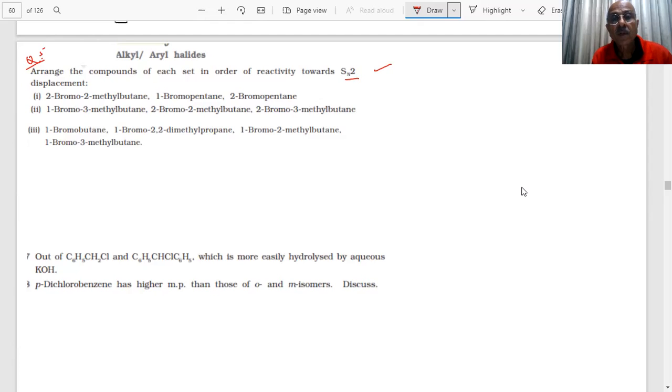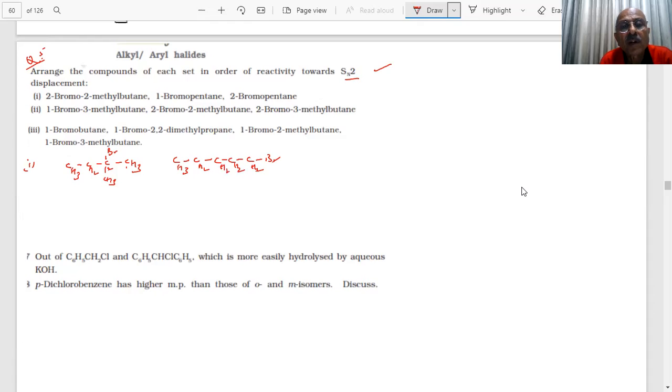What is the structure of the first one, 2-bromo-2-methylbutane? Then 1-bromopentane: 1, 2, 3, 4, 5, CH3, CH2, CH2, CH2, with bromine on carbon 1, primary.